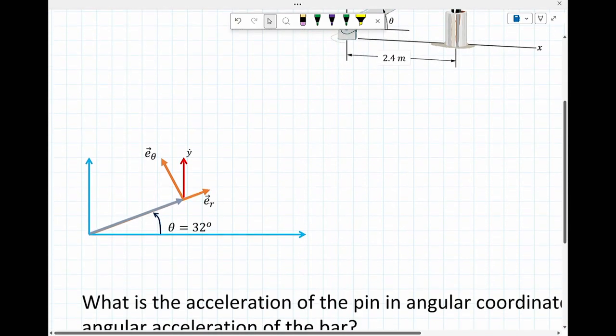Okay, so I have E sub r, E sub theta, so it's moving up, it's rotating in the clockwise direction. I have y dot, which is given in the problem, and that's that 3 meters per second.